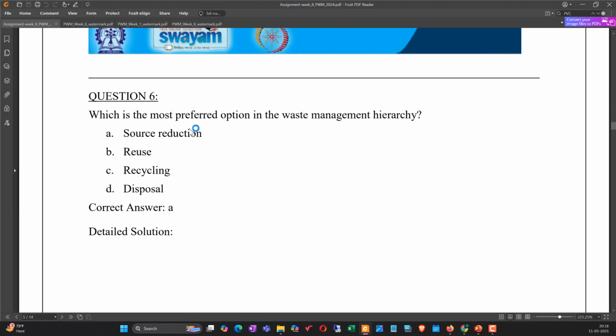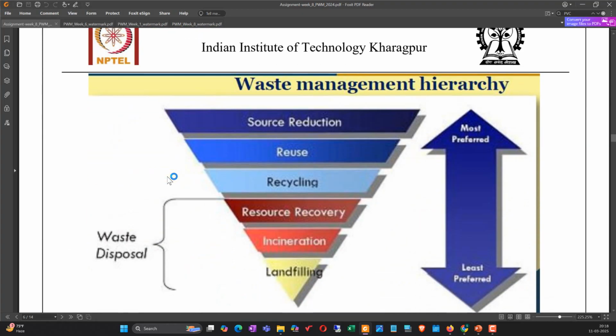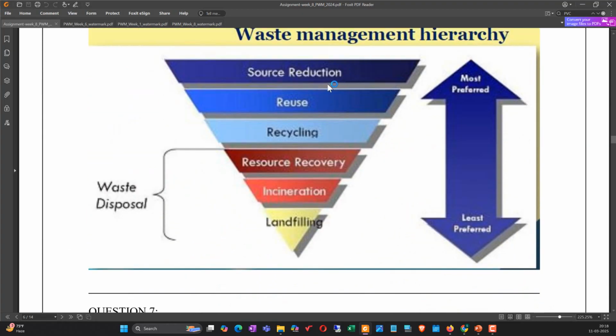So sixth one is, which of the following is the most preferred one? Is the option D, which is this? Option A, which is the source reduction. So in this one, if you see this, the topmost, this was the first slide of the week, I think first or second slide of the week, right? And there this discussion was there.